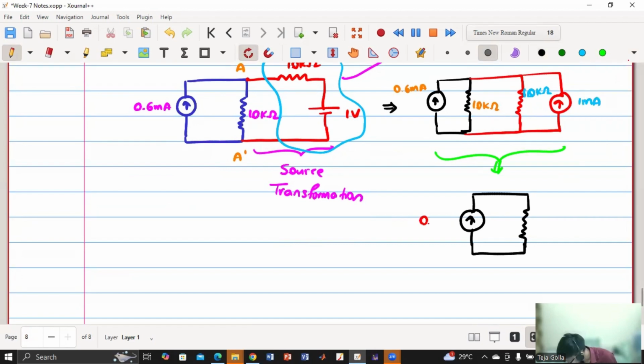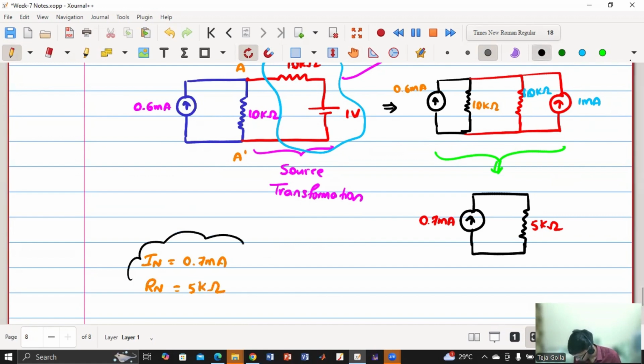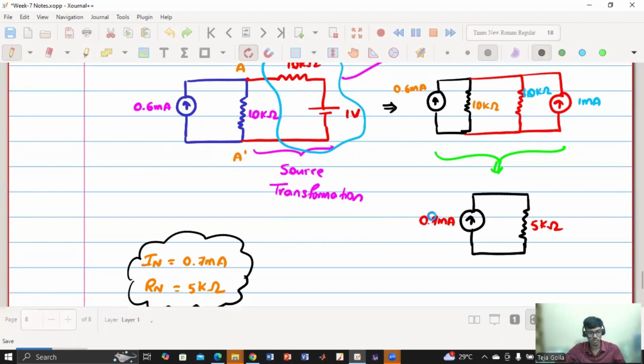This is my 0.7 milliampere and this is my 5 kilo ohm. So in the given question, I Norton is 0.7 milliampere and R Norton is 5 kilo ohm, because they have asked us to simplify the overall circuit, which is what we have done.